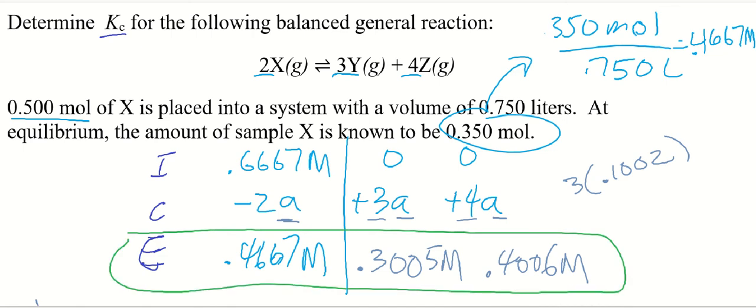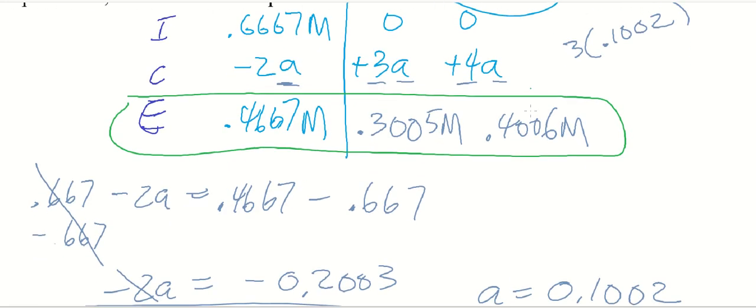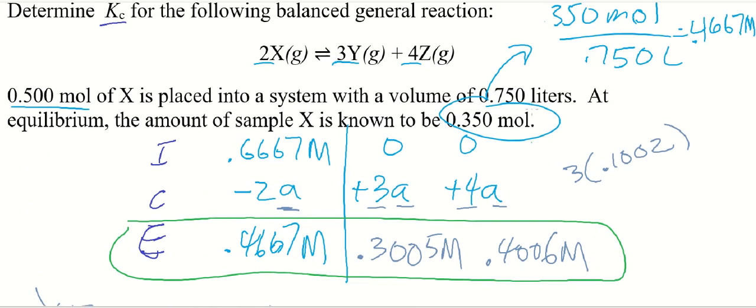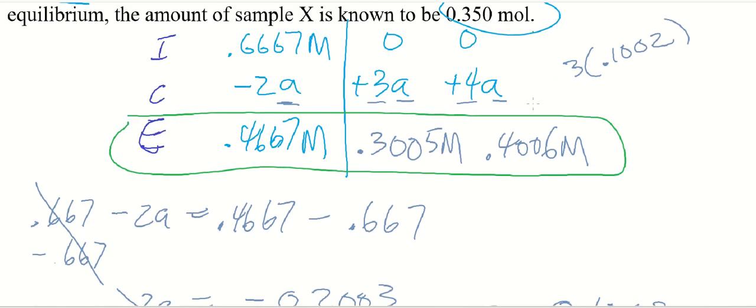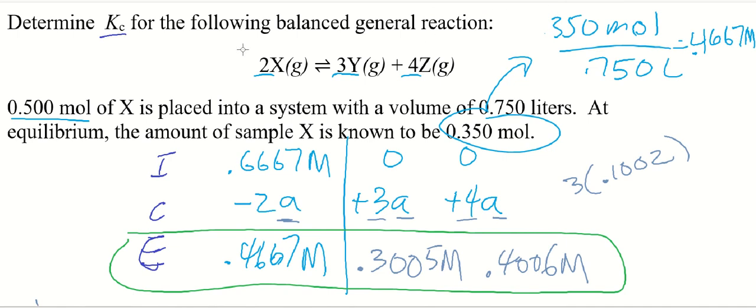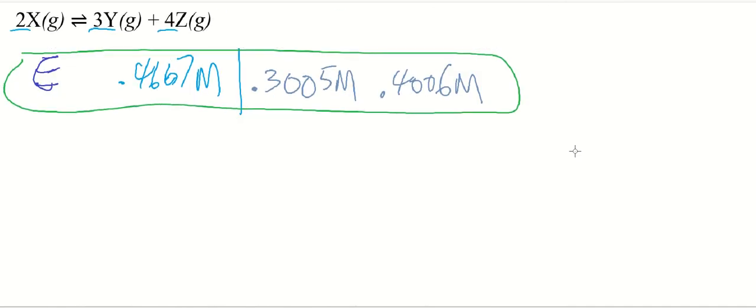Now we can plug that into the equilibrium expression. Just plug and chug. I guess I didn't write it. So let's write the equilibrium expression using the balanced equation. I need some more room. I'm just going to copy this over here. There we go.